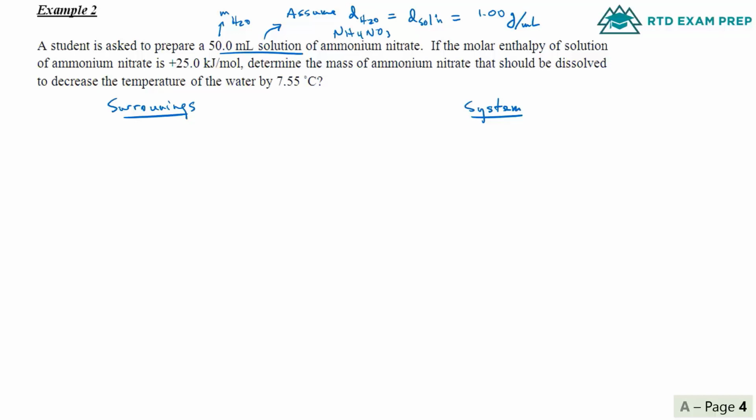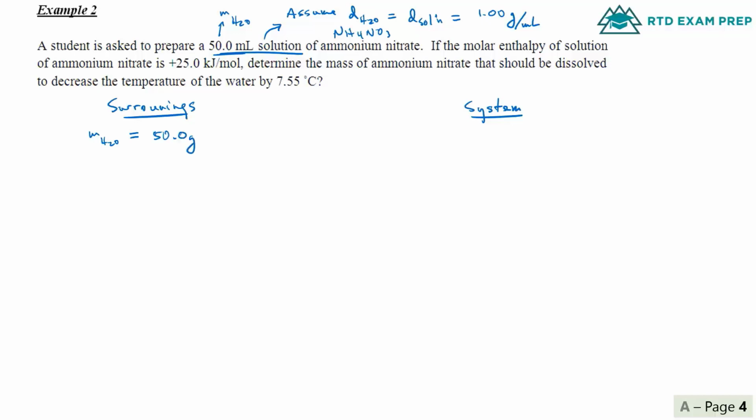So we assume that the density of the solution is the same as the density of water. Knowing that, and the fact that it's a 50 ml solution, because the density is 1 gram per milliliter, the mass of H2O is going to be 50.0 grams.